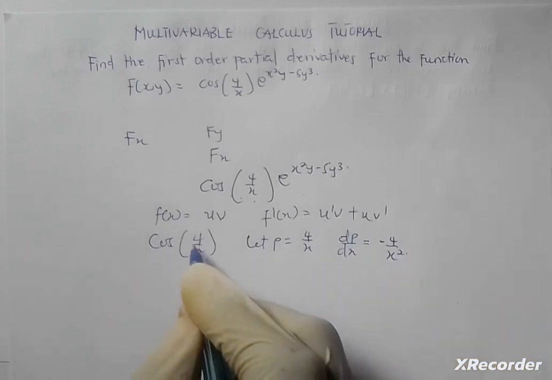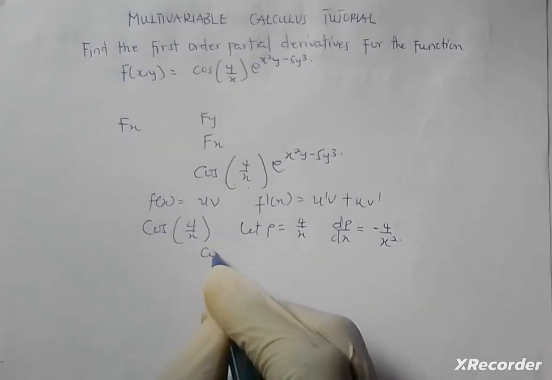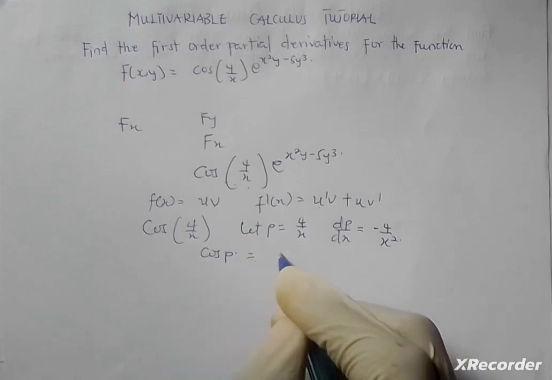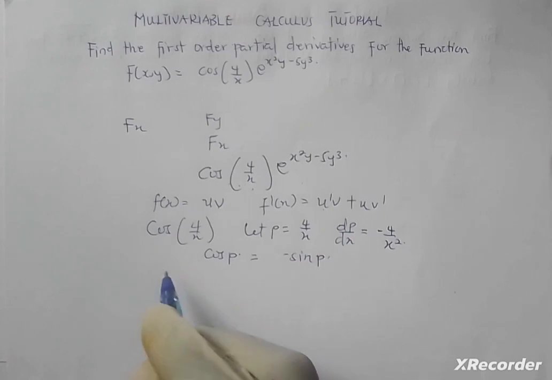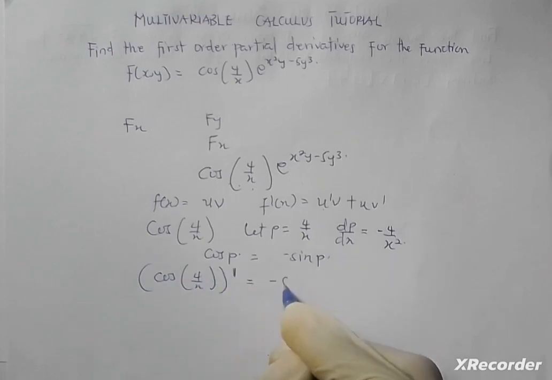That is the inner function here. Then I'm going to be left with cos p. So cos p, if I differentiate cos p, I'm going to get negative sine p. Therefore, the total derivative of cos of 4 over x is simply equal to negative sine p multiplying negative 4 over x squared.